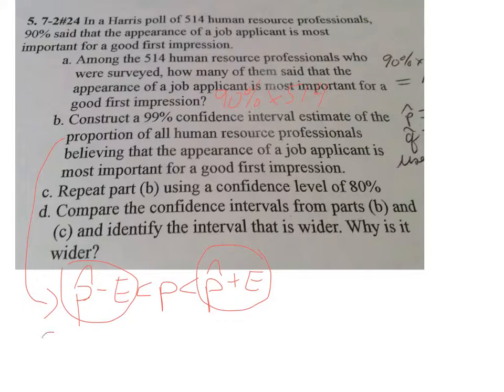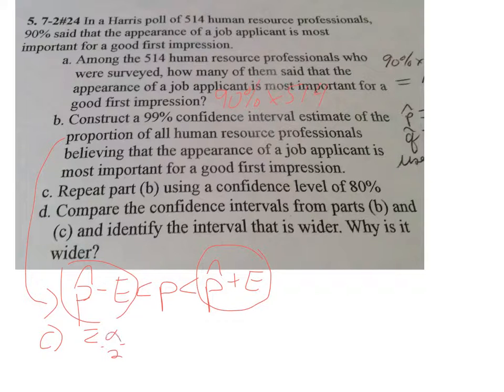Now for C, you're going to do the same formula, but keep in mind that your Z is going to change, because your Z is always Z of alpha over 2.